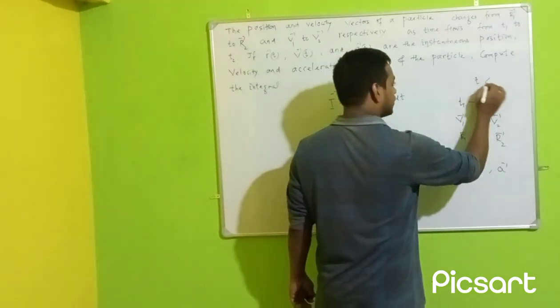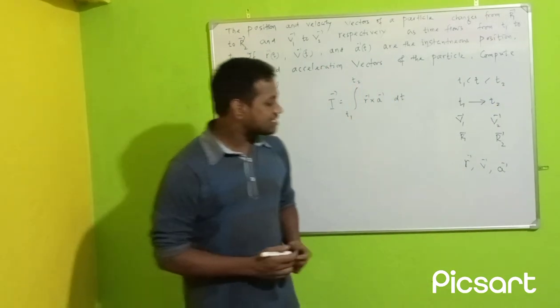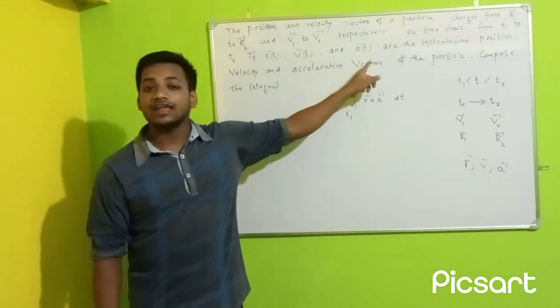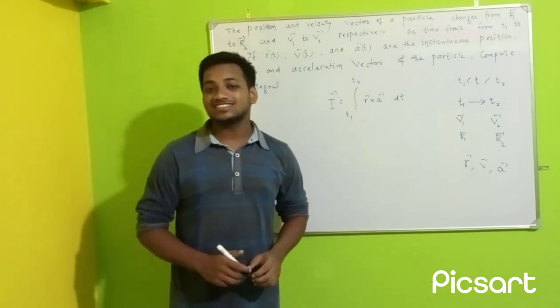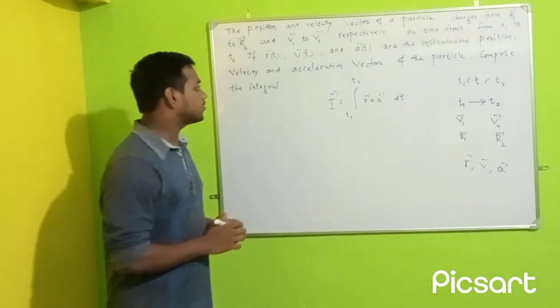For any time t between this interval t1 to t2, R, V and A correspond to the instantaneous position, velocity as well as acceleration.